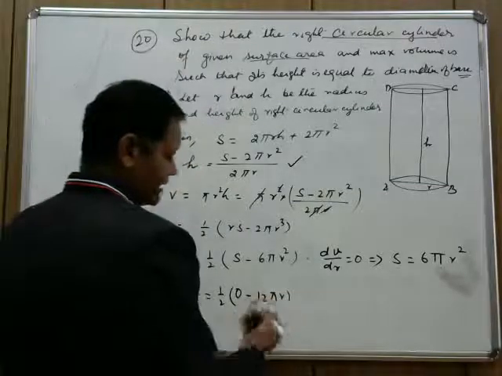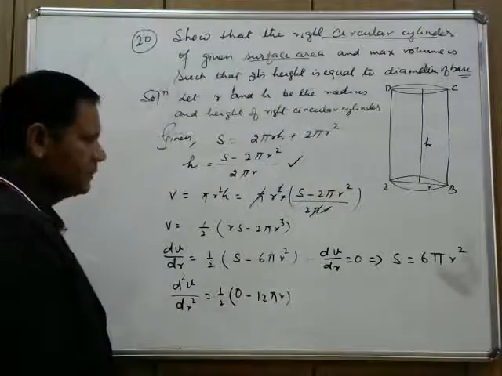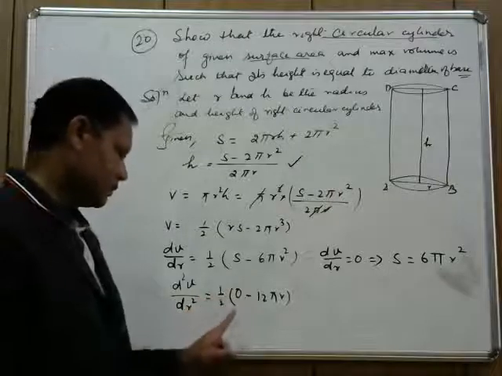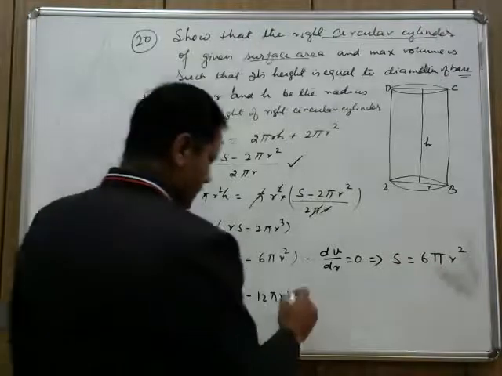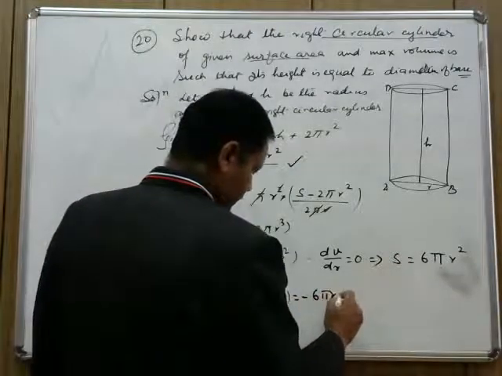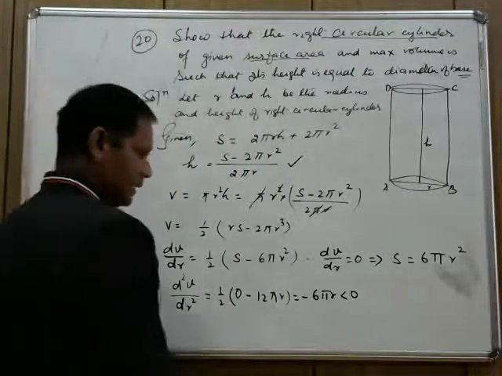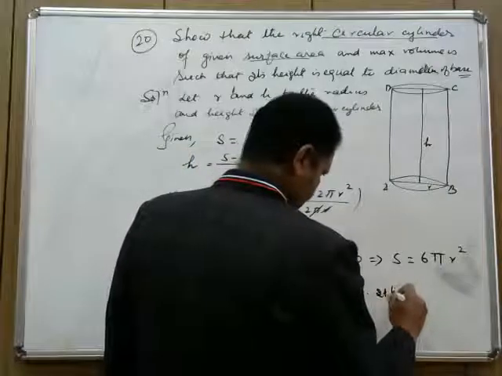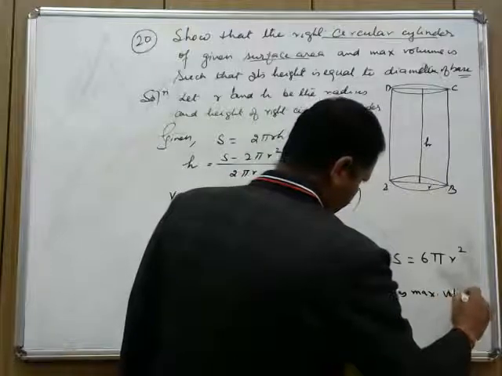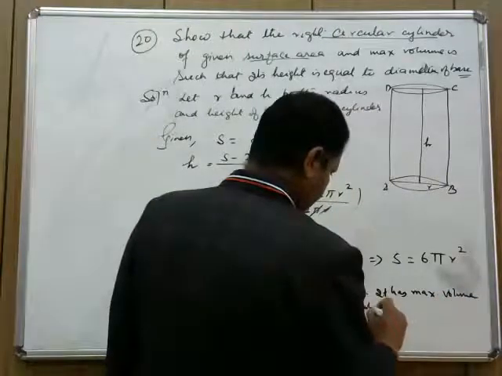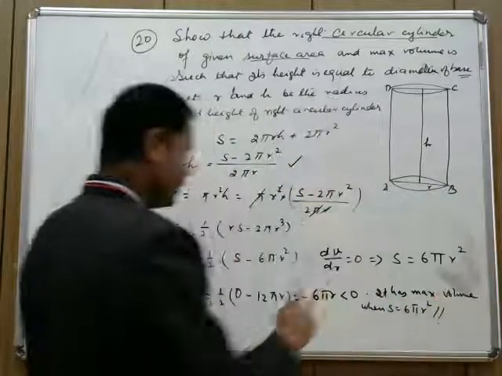So now we will get minus 6 pi r, and minus 6 pi r is already less than 0, negative, and that's why it has, therefore it has maximum volume when S is equal to 6 pi r square. This part is done. Now one part is left.